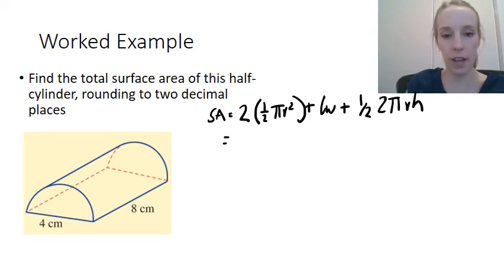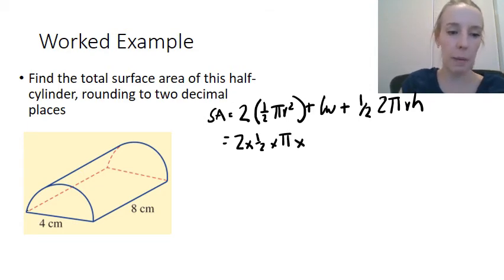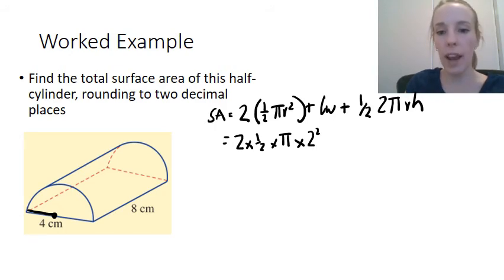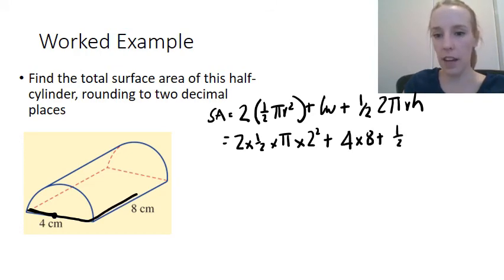So I can fill that all in. I've got 2 times a half times pi times my radius, which is going to be half of 4, because 4 is the diameter, so it's going to be 2 squared, plus my length times the width, which is 4 times 8, plus a half times 2 times pi times 2 times 8.